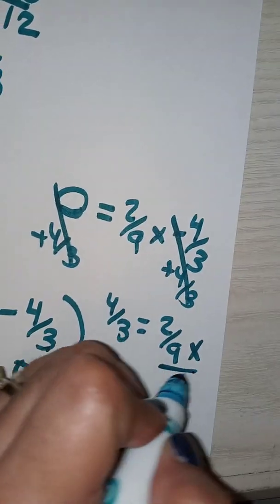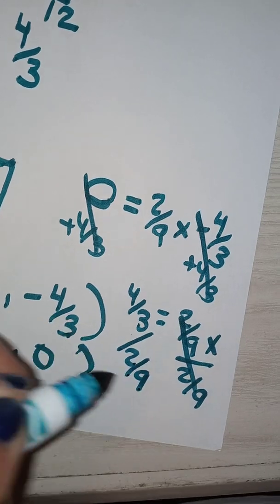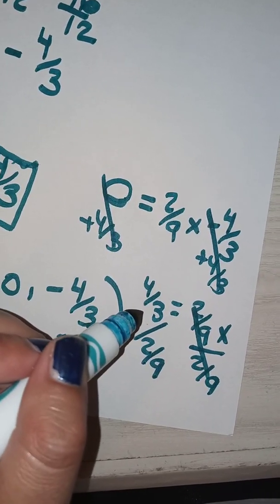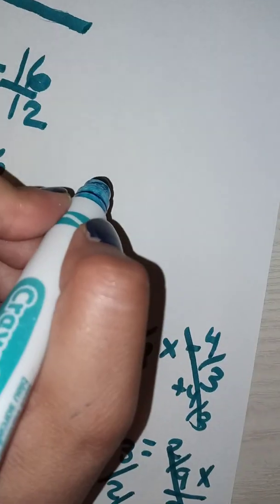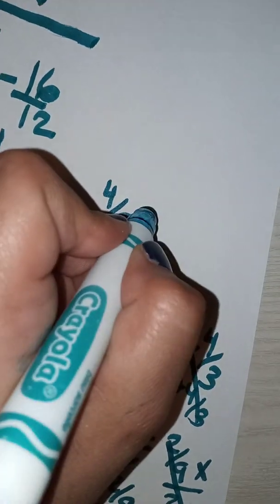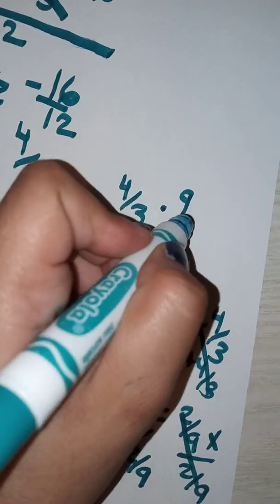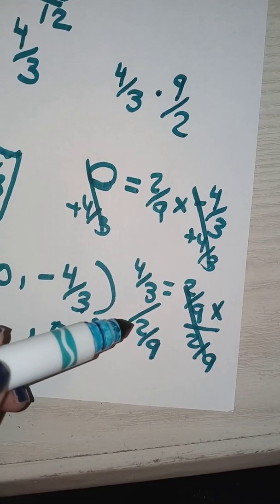Divide by 2 over 9. So really, we're just multiplying 4/3 times 9 over 2. I'm going to put it here. I said 4/3 times 9 over 2.